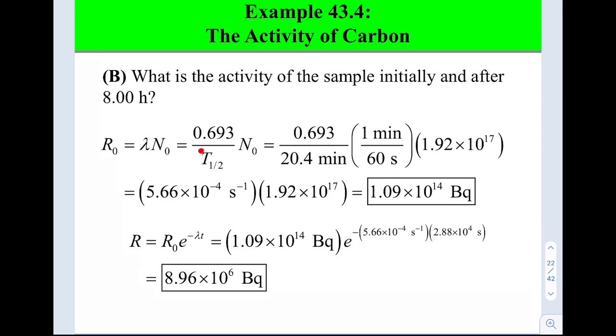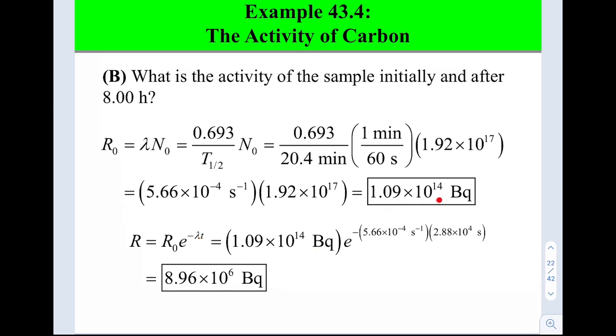Substitute the information and convert the T half into seconds, then you will get the answer 1.09 times 10 to the power of 14 becquerel, or decays per second. After 8 hours, the decay rate R is equivalent to R naught e to the negative lambda t.